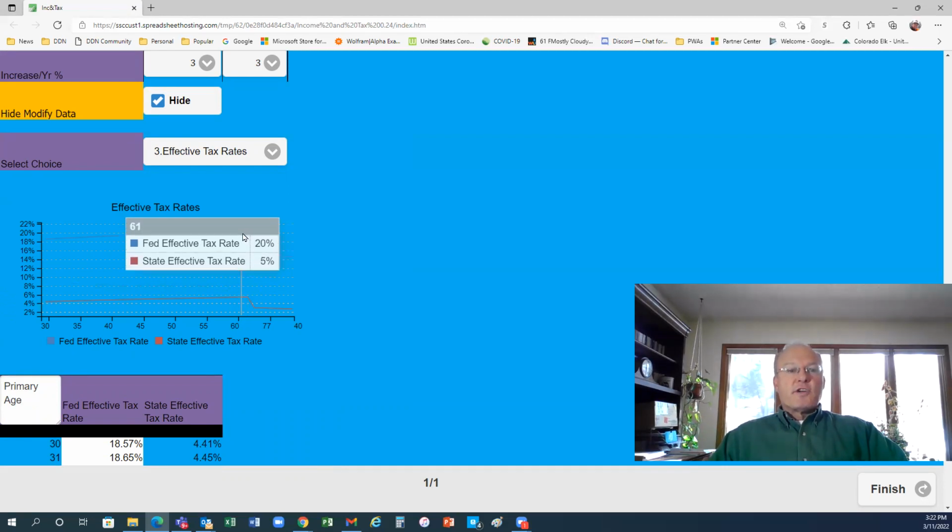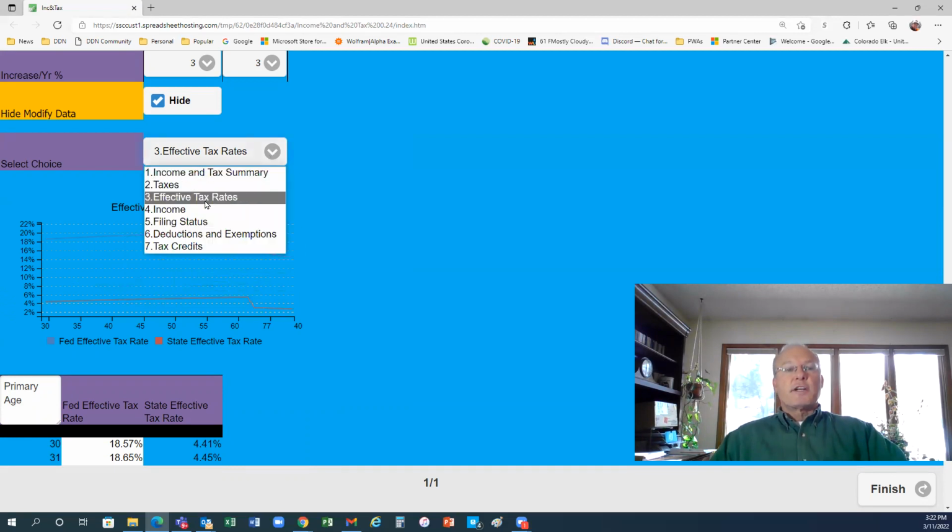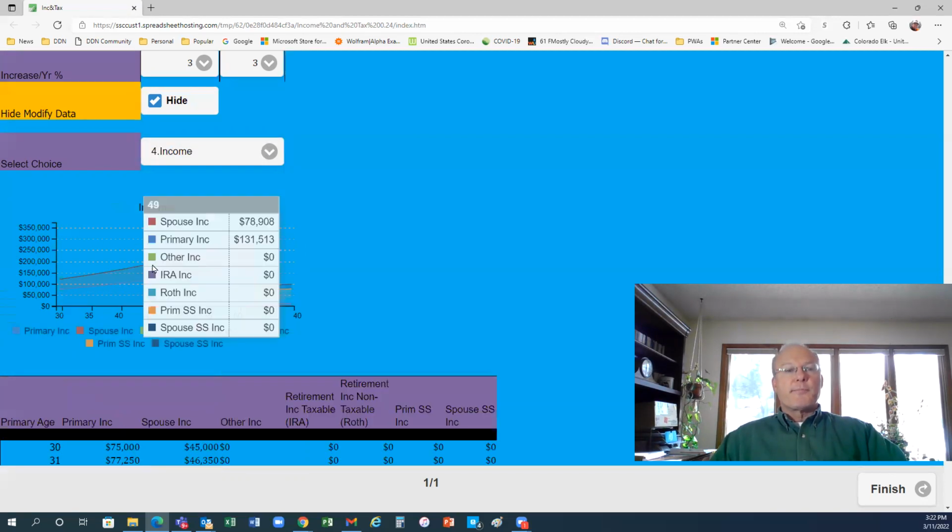So for instance, this individual, the highest effective tax rate they get into is 20%, and the highest state tax rate they get into is 6%. And then obviously after retirement, it significantly drops down. So you can really show what your tax rates, effective tax rate are after retirement.